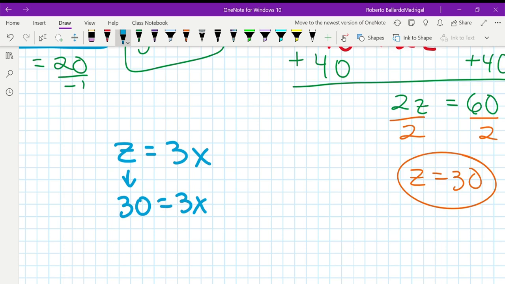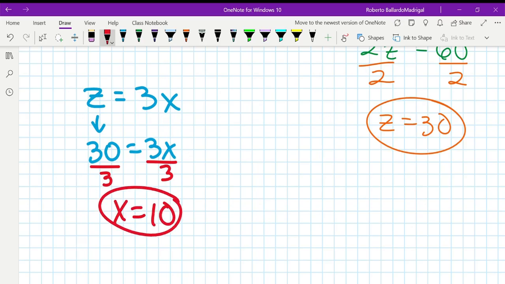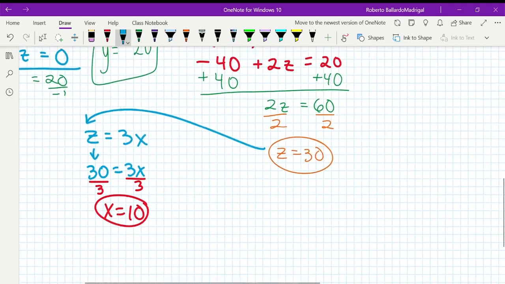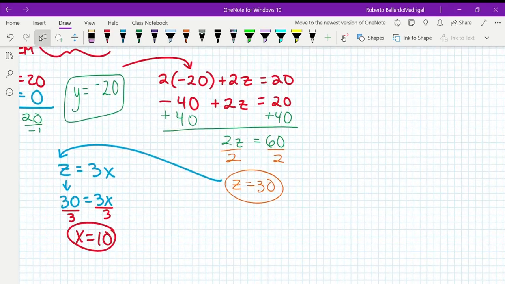If I have 30 equals 3x, how do I solve for x? What step do I take? Divide by 3. And so x is going to equal 10. And now we're done. We found the value of x, the value of y, and the value of z.